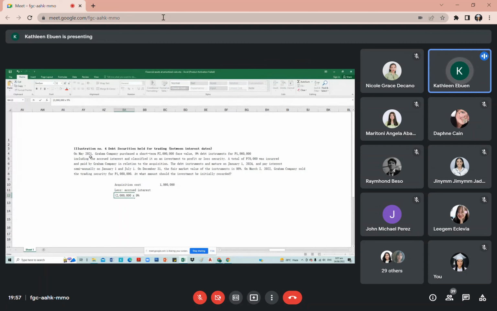Okay, binili natin ito ng May 2021. Semi-annually po ang payment natin. So from January, February, March, April, 4 months po na nag-accrue yung interest. So 4 months.